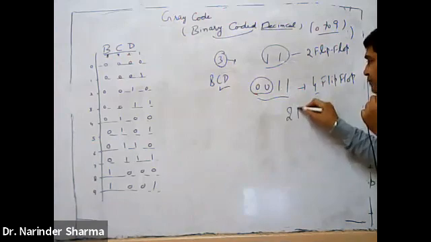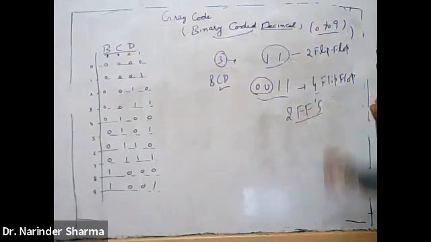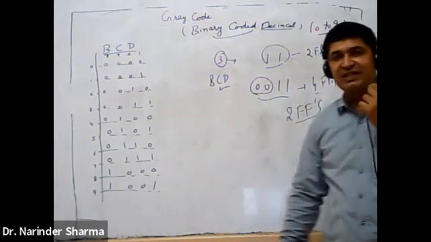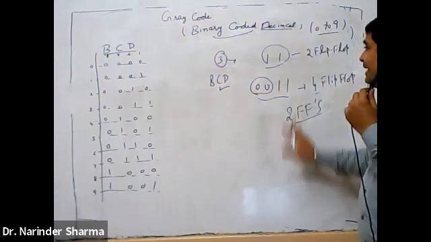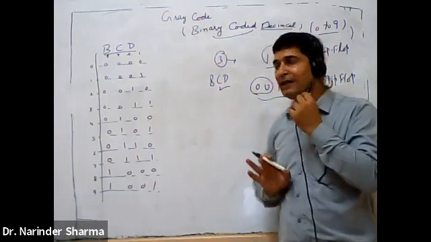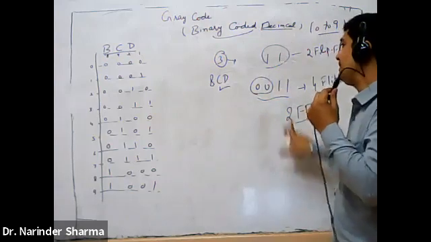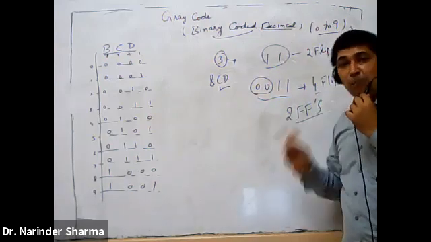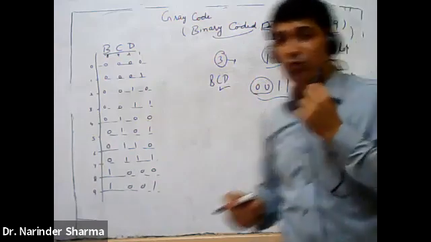It means 2 flip-flops are wasted. So the basic drawback of binary coded decimal is that it requires more storage.